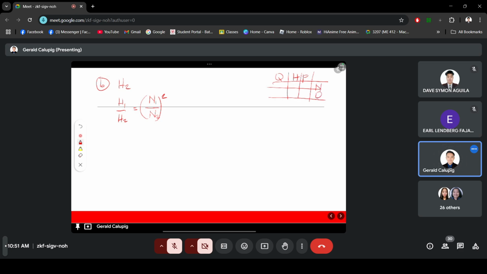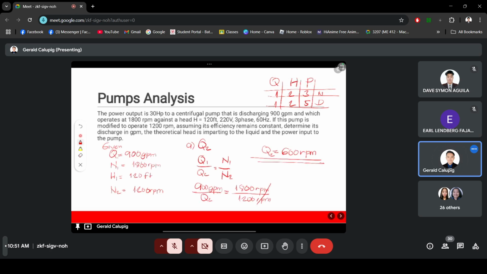Right? So we can have our H1 is equal to 120 feet, right? Tama ba?